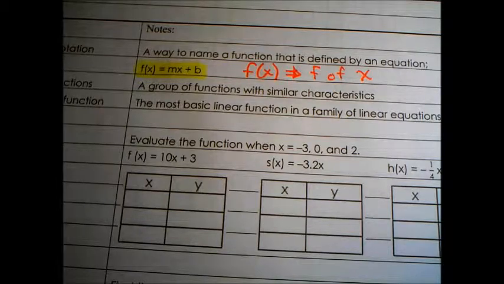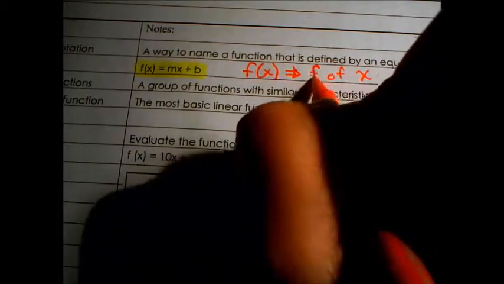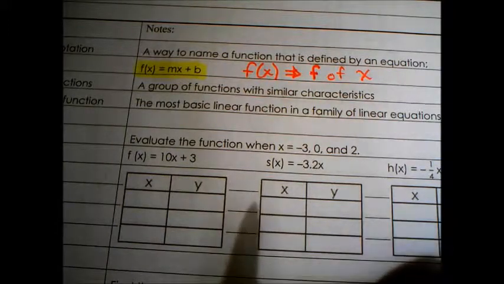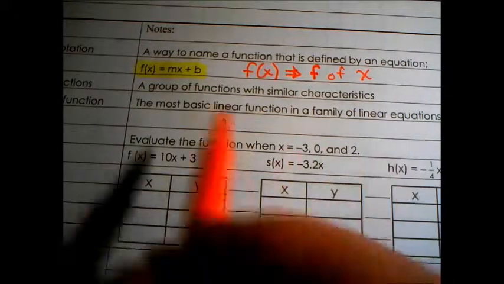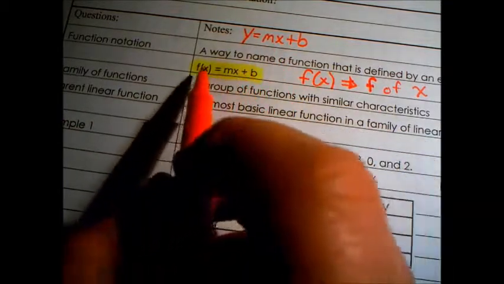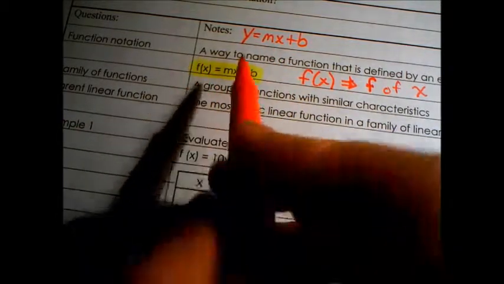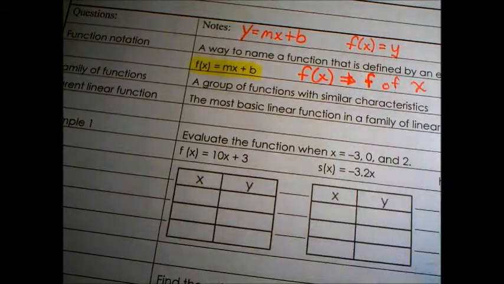It's a strange way of having it, but they're just making sure that this is a function. And remember, functions are where the x or the domain does not repeat. That makes it a function. Also realize this is the same formula we had yesterday, y equals mx plus b. The same idea holds true for today, as long as we realize that f of x is the same thing as y.